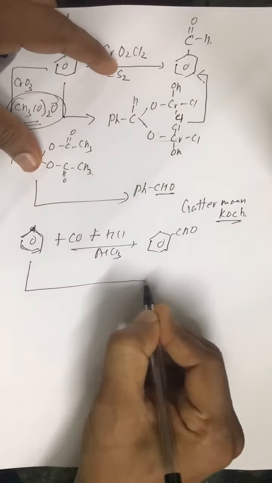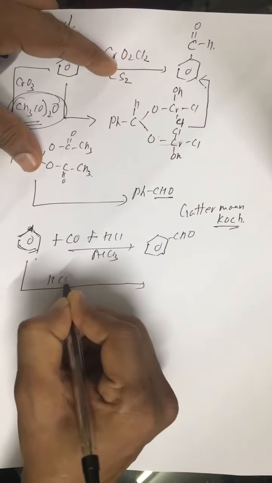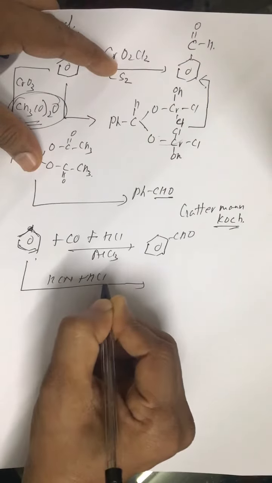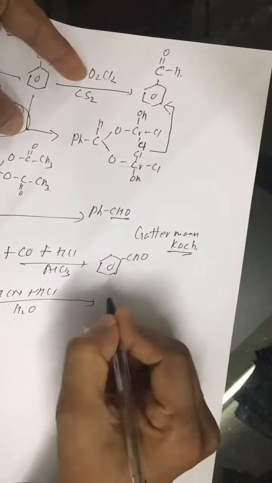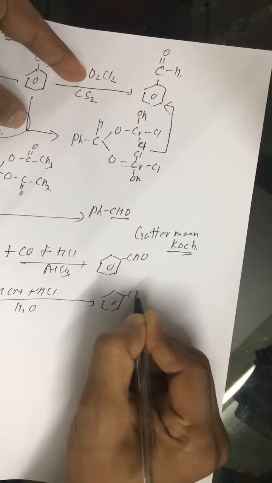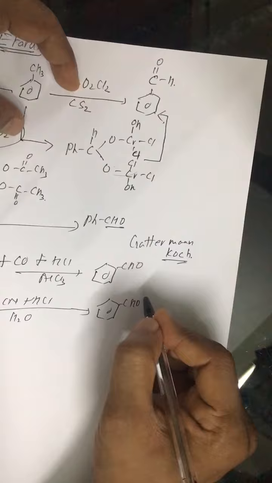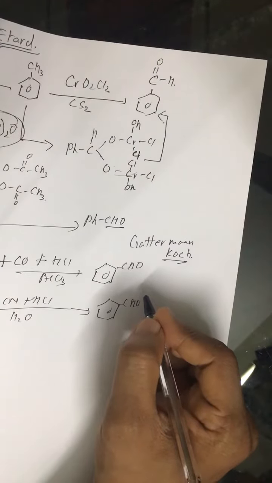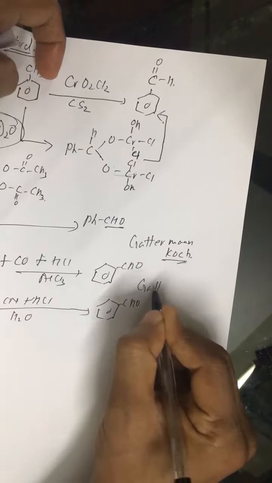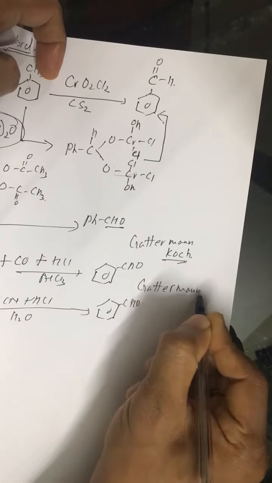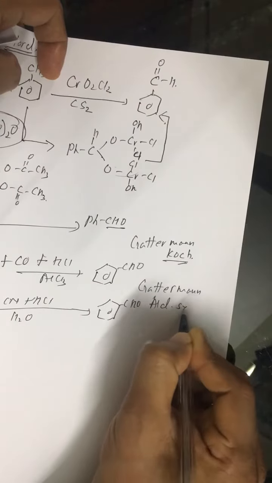The same benzene is treated with HCN and HCl, followed by hydrolysis. We get benzaldehyde, and this reaction is called Gattermann aldehyde synthesis.